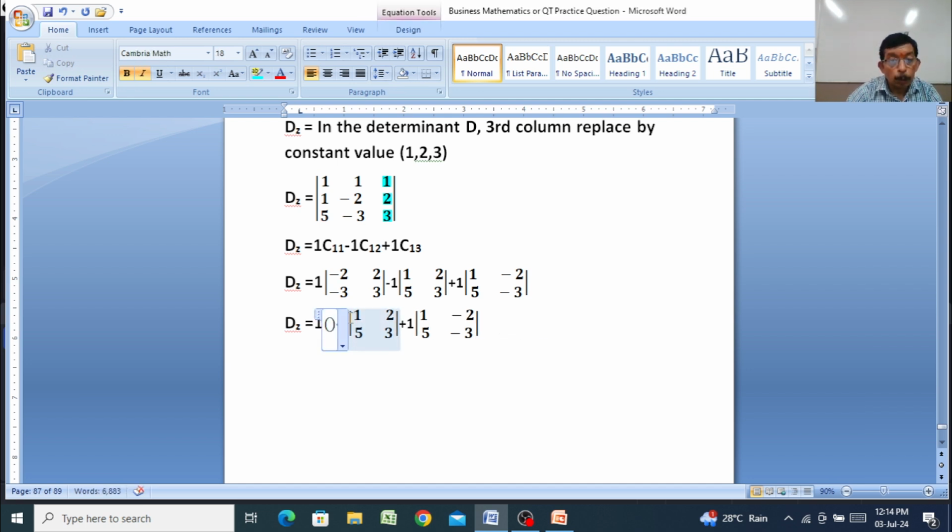This is a 2 by 2 order determinant, and its solution is obtained by the difference of the cross multiplication of its elements. In the first determinant of 2 by 2 order, the first diagonal elements are -2 and 3, the multiplication is -6, then the next elements are 3 and 2, the multiplication is 6, so -6 minus 6.